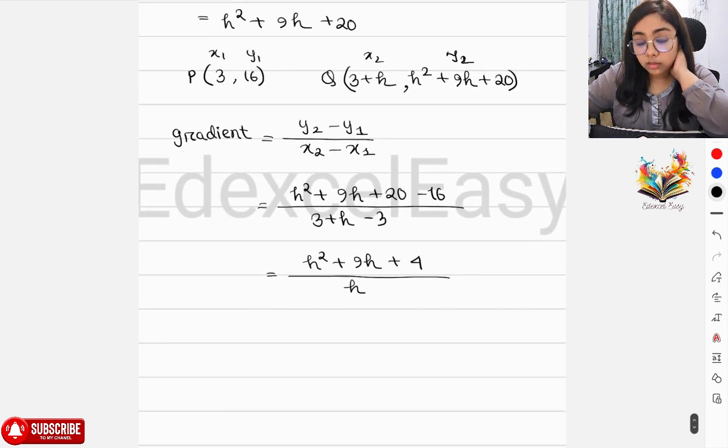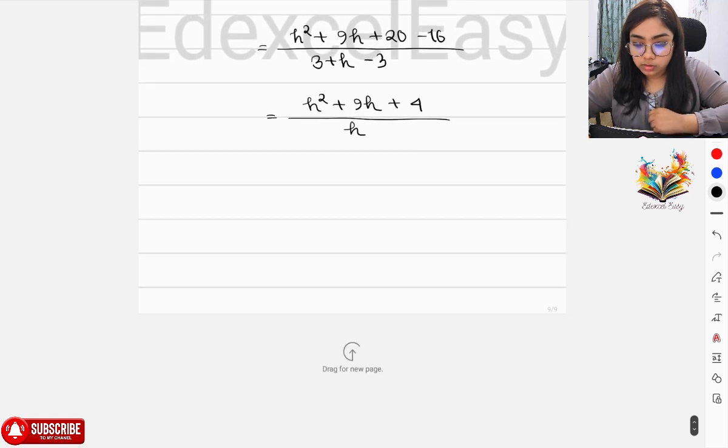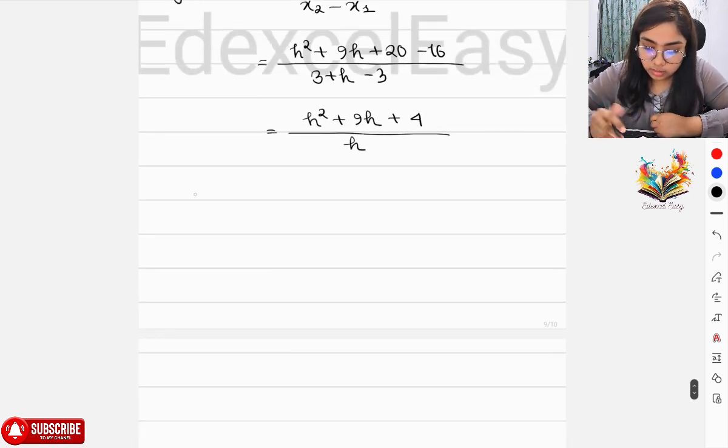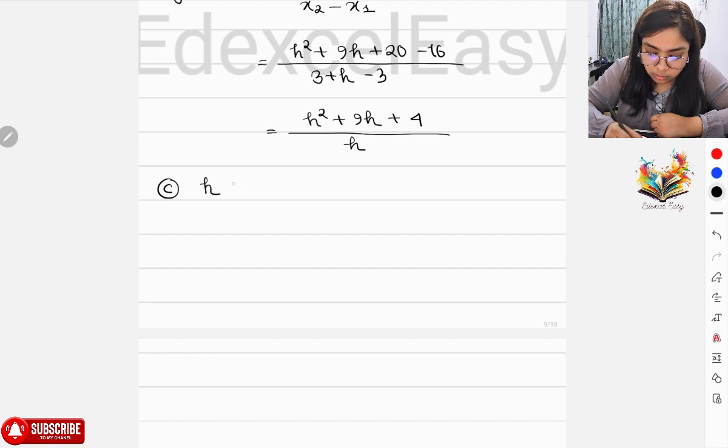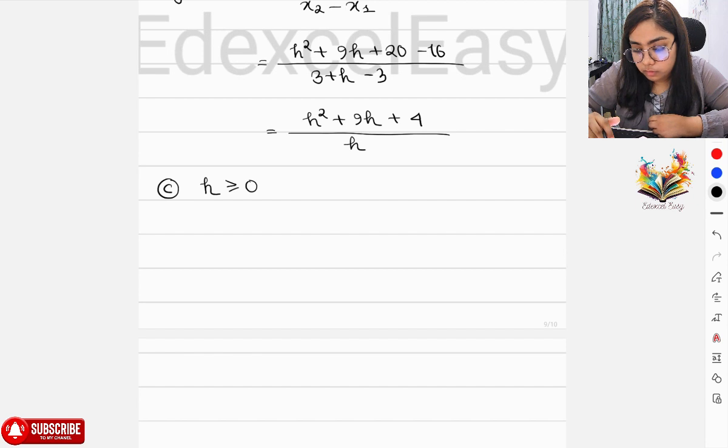Now we have to use that limiting factor for your equation for the straight line. For part C, if I'm going to take the value for h as greater than or equal to 0, that means the value for h can also be 0, right? If the value for h is 0, then it becomes h plus 9. No, I cannot take that.